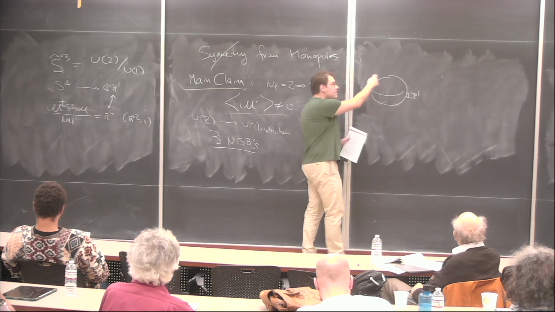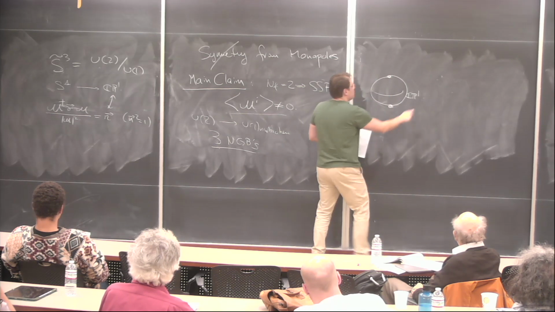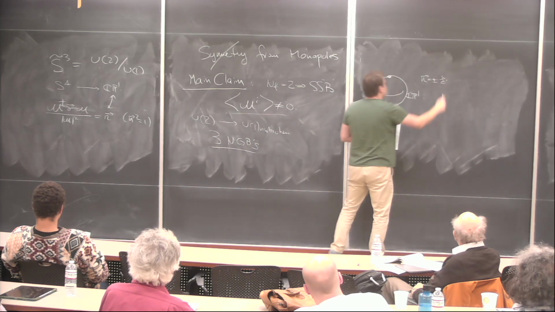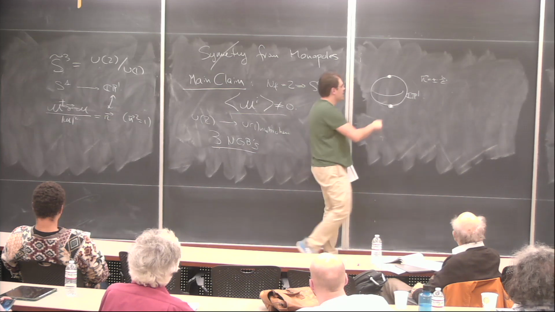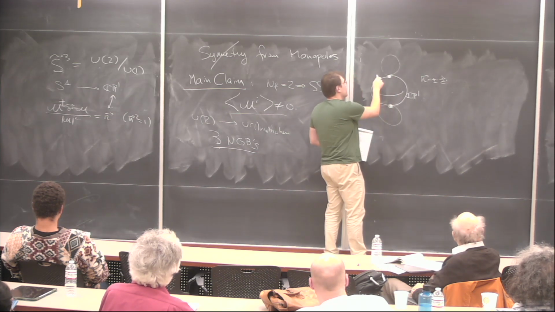Then different n's parameterize this sphere. So let's, for example, take the North Pole or the South Pole, where n is plus or minus z hat. Then at those 2 points, the Hopf fibers are basically circles over these points.